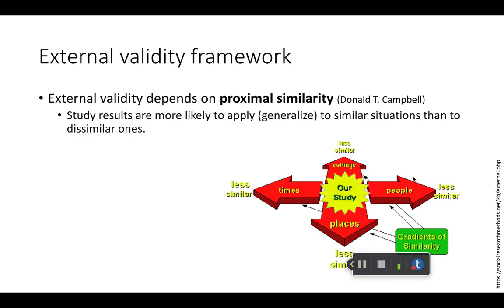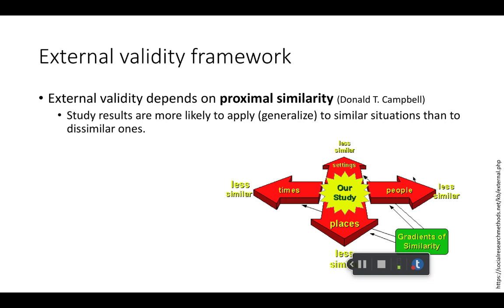Now, external validity also uses this idea of proximal similarity, an idea from social scientist Donald Campbell. And he said that study results are more likely to apply or generalize to situations that are similar to our study than to dissimilar situations. So external validity is not all or nothing.